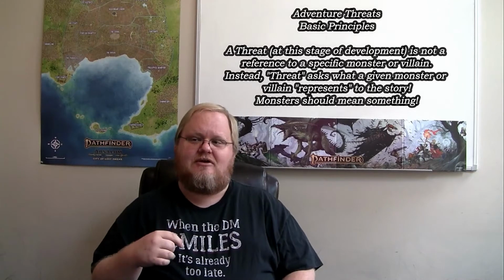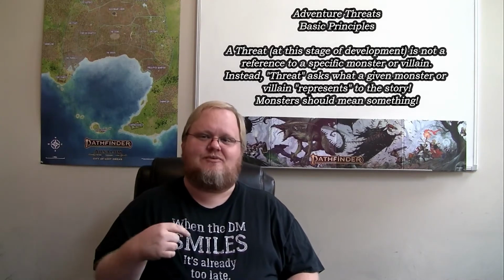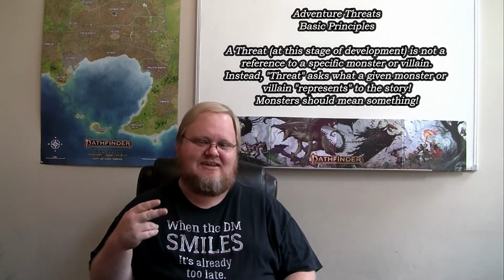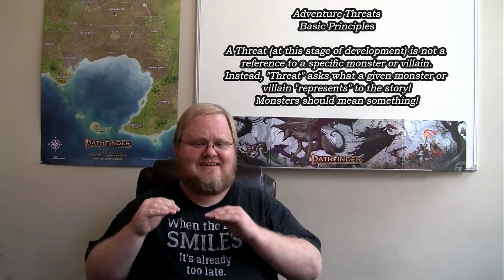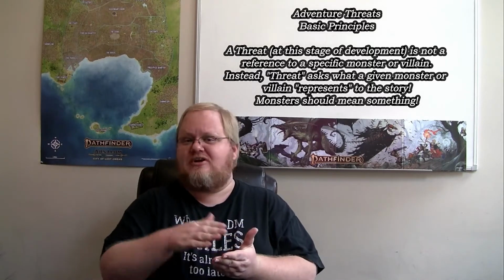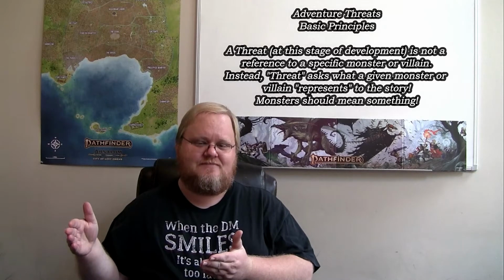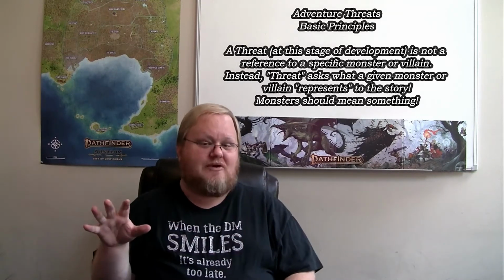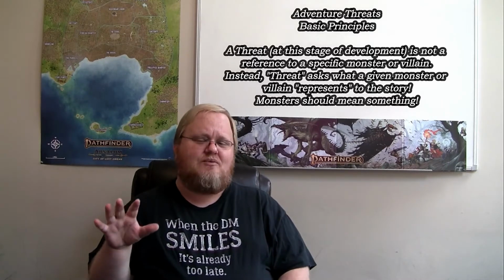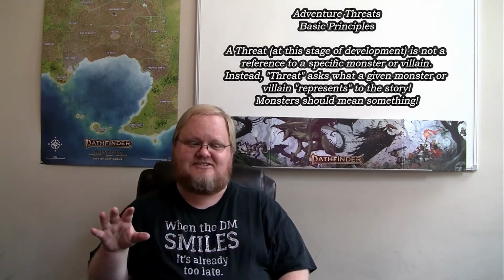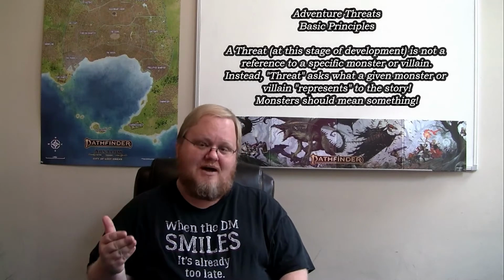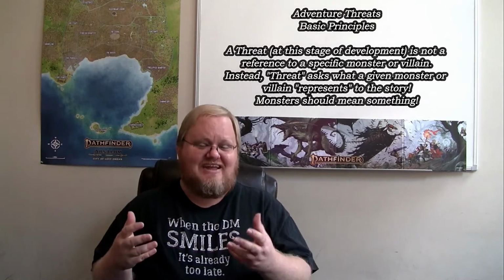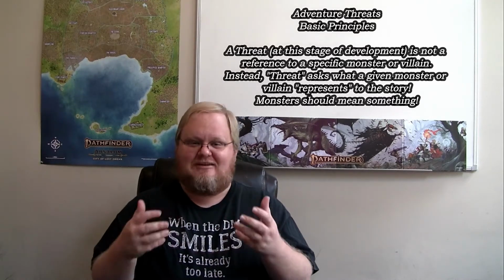When you think about picking a specific monster, when you think about designing a specific NPC, that's actually in the encounter design level, which we're going to talk about in future videos. Right now, we're at that middle tier, the adventure design, the story arc, if you will. And when we discuss threats in story arcs, we're not discussing individual monsters, but rather the dangers that a monster, that an NPC, that an organization might represent.